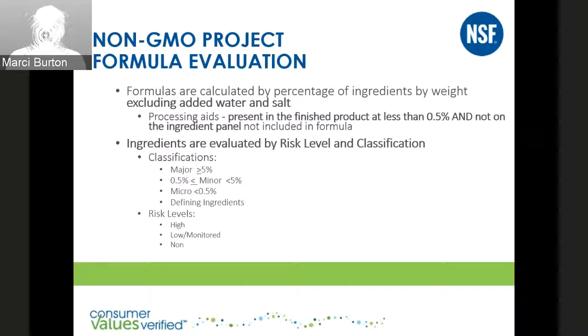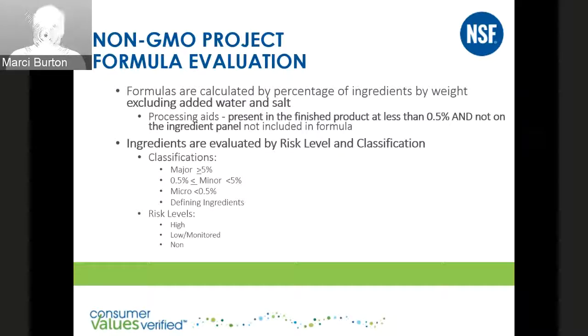There are different requirements for each of those ingredients depending on the risk level. If they're non-risk or low-risk ingredients, then pretty much the documentation is similar. But where the percentages come into play is if the ingredient is classified as a high-risk ingredient, and different compliance documentation is required at those levels.